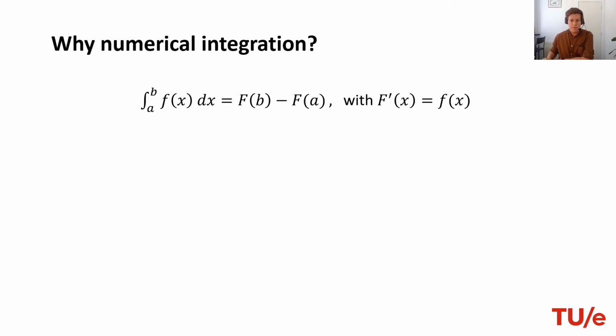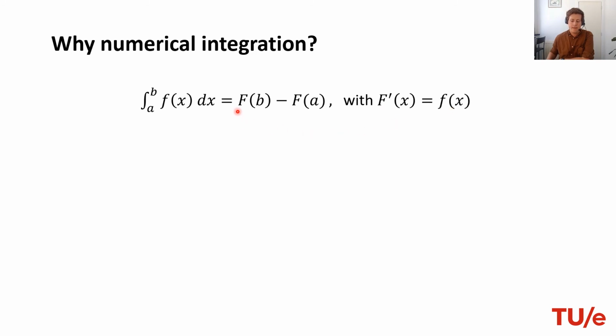Okay, so now that we have covered some applications of definite integrals, why do we even need to bother with numerical integration? Because in calculus, you've learned that in order to compute such a definite integral of a function f, all we need to do is find an antiderivative of small f, capital F, such that the derivative of capital F is equal to small f.